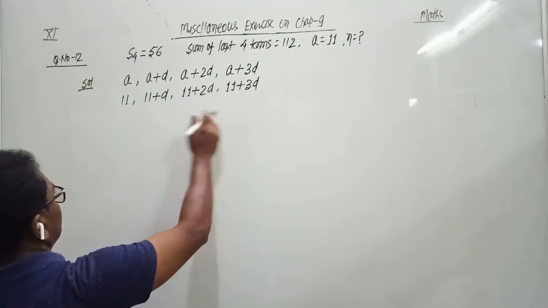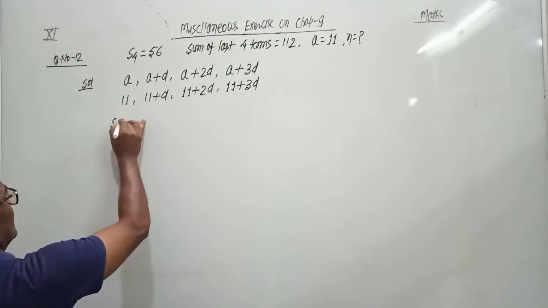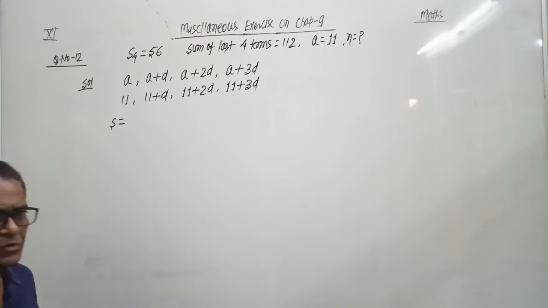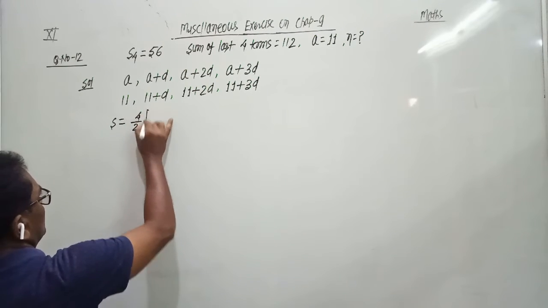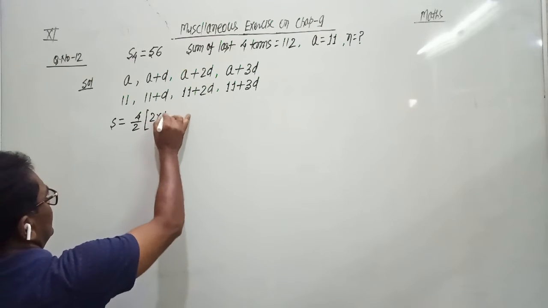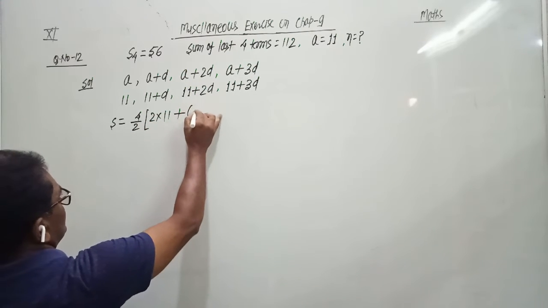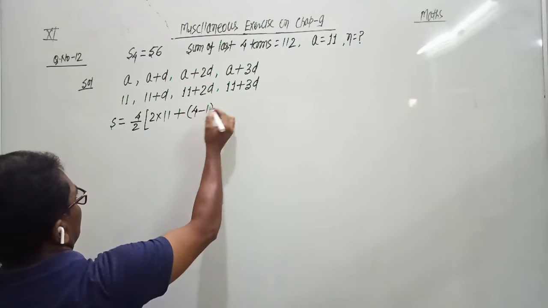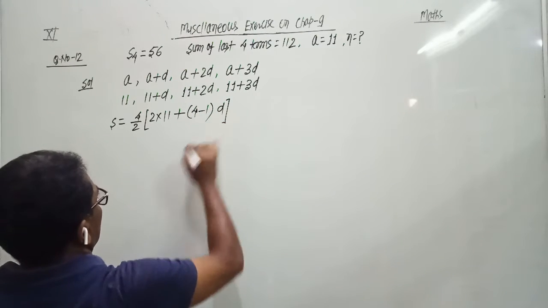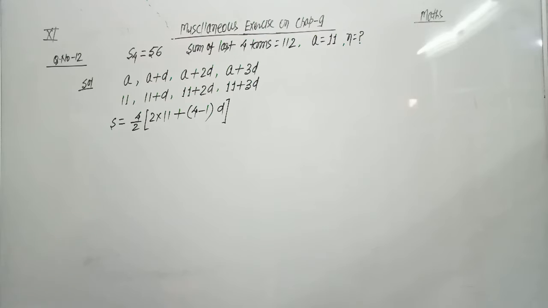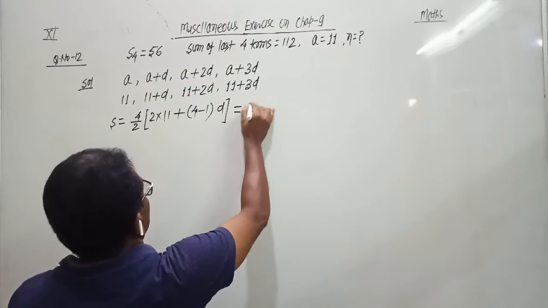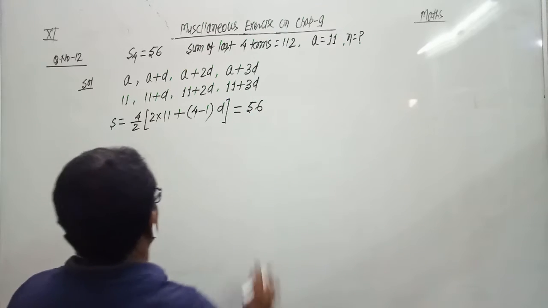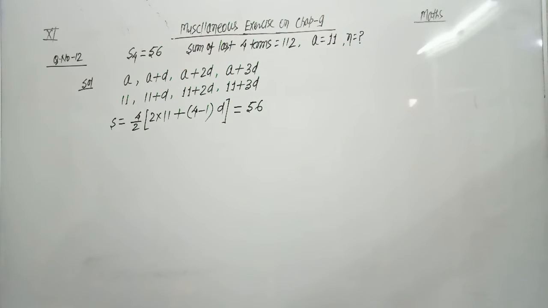Now its sum. So n by 2, total number of terms 4. n by 2 into 2a, 2 into 11 plus 4 minus 1 into d, where the common difference is d. And the sum of first four terms is given, equal to 56.